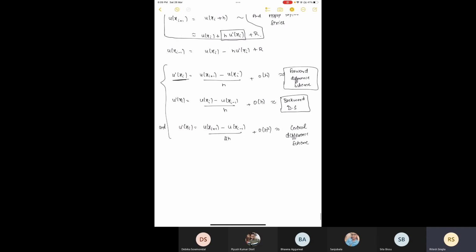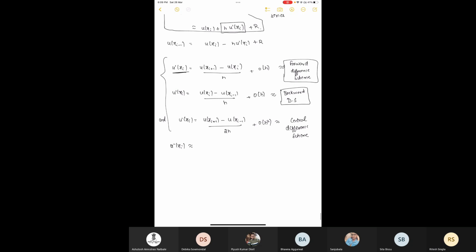So for the double derivative u double prime of xi, what should be the approximation for the central difference scheme? U of x plus h, meaning xi plus h, because we want to calculate at xi.